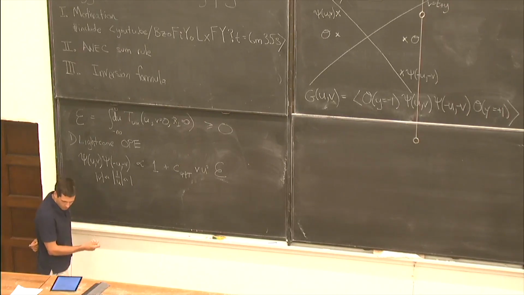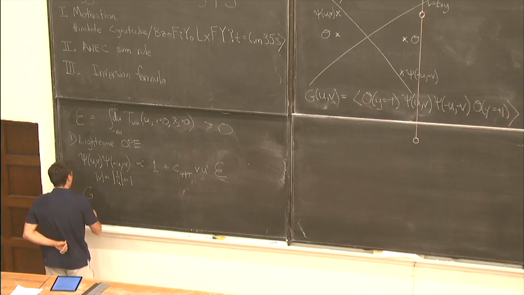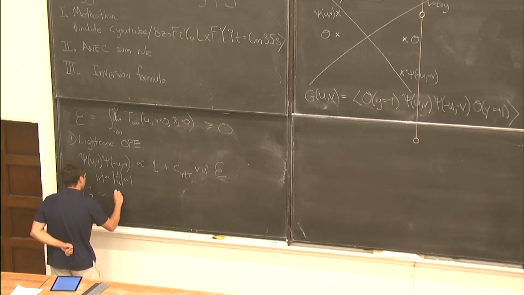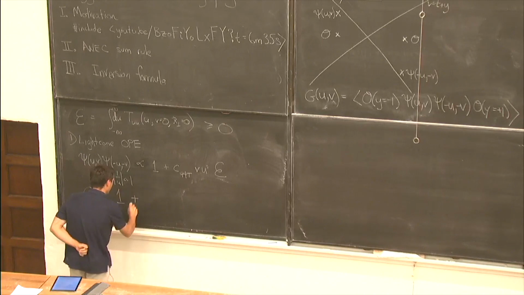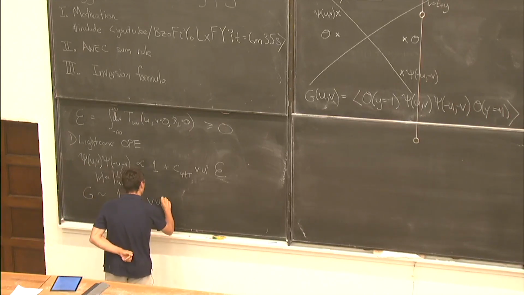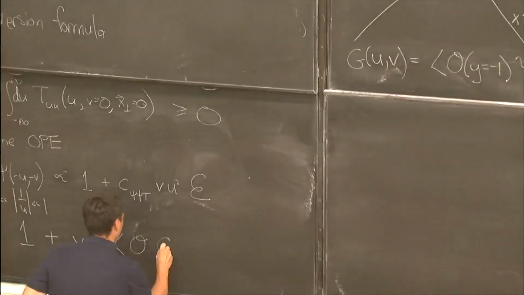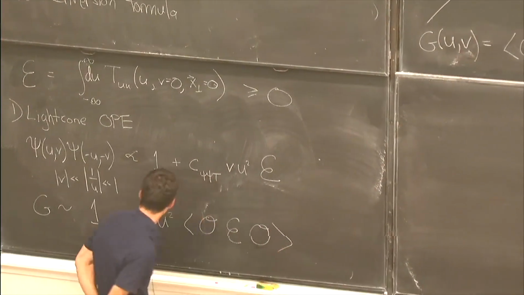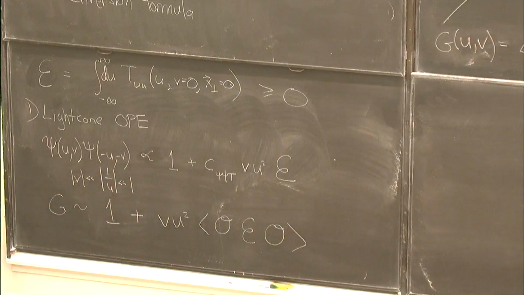The point here is just that this relates properties of the four-point function to the ANEC. So when we plug this into the four-point function, we have expressions like this. That's why we're studying the four-point function in order to understand the ANEC.